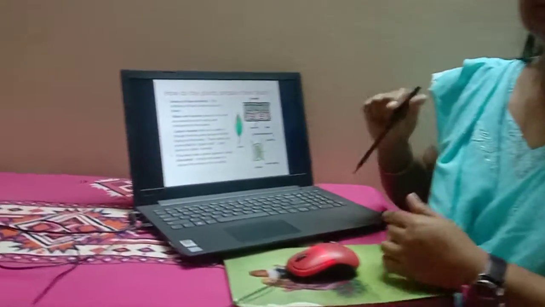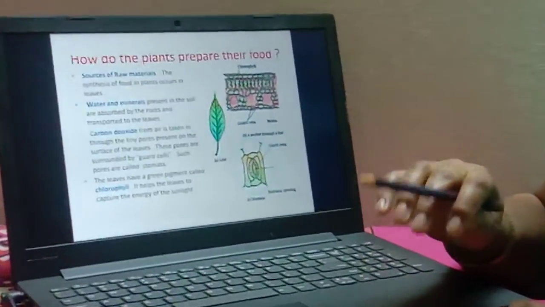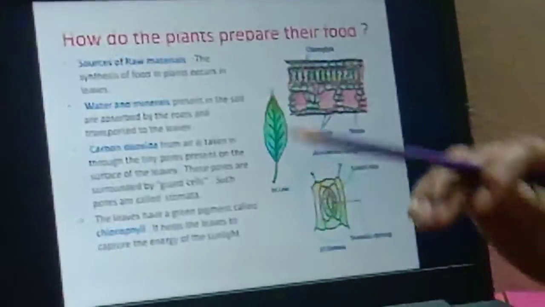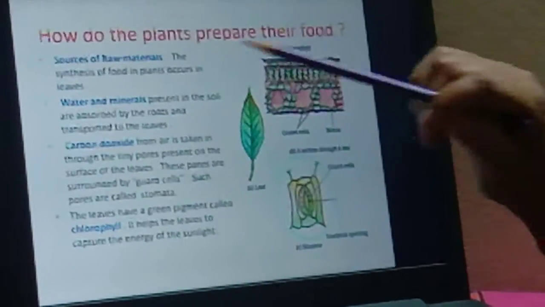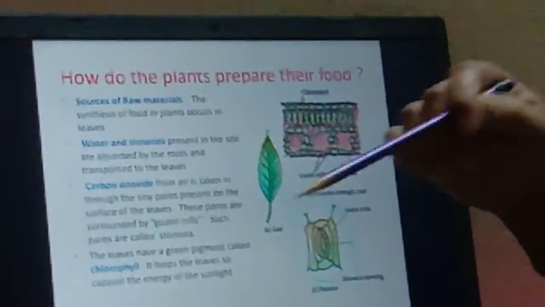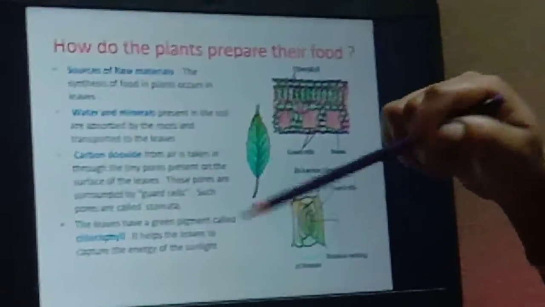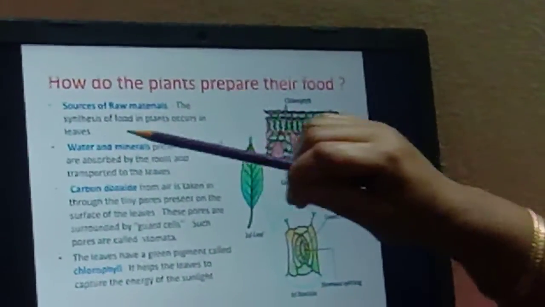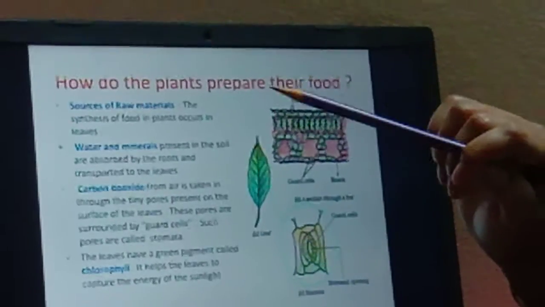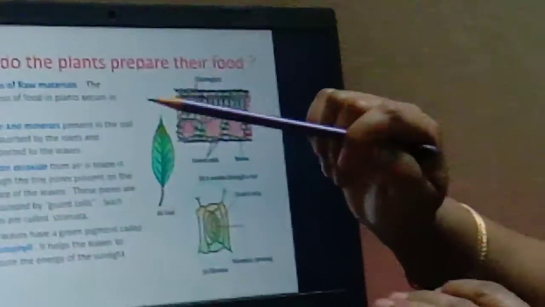Next, if the plants prepare their own food, how do they do it? How do the plants prepare their food? Sources of raw materials that are required for this process. The synthesis of food in plants occurs in leaves. So leaves are the main site of food production.